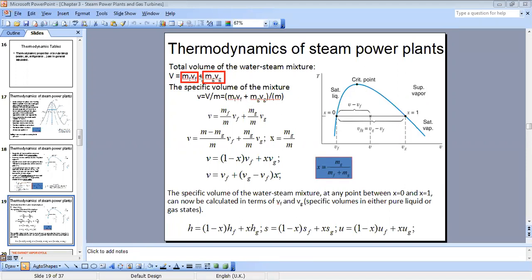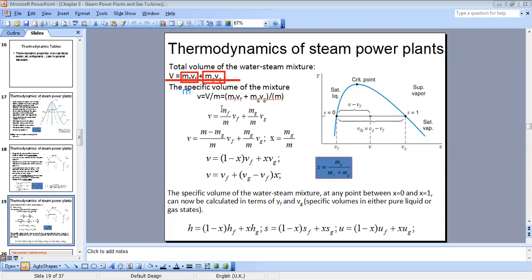Okay, so if you divide all the terms in this equation by the total mass m, what do you get? You get that the specific volume of the mixture is equal to the ratio mf over m times the specific volume of the fluid plus the ratio of mg over m times the specific volume of the gas.